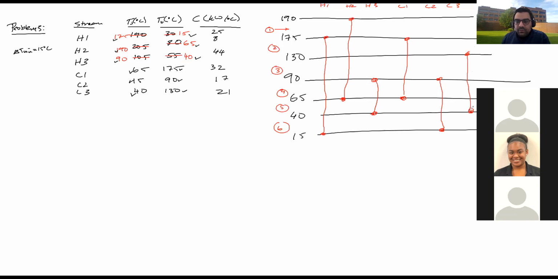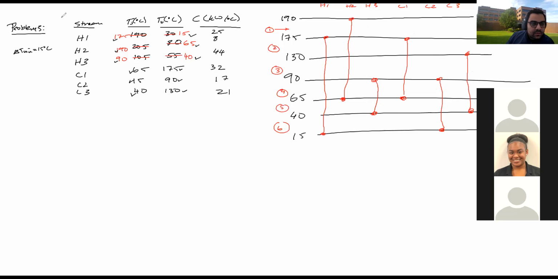So C3 is from 40 to 130, C2 is from 90 to 15. C1 is from 65 to 175, H3 is from 90 to 40, H2 is from 190 to 65, and H1 is from 175 to 15. Okay, so I have all my streams drawn on this interval sketch.